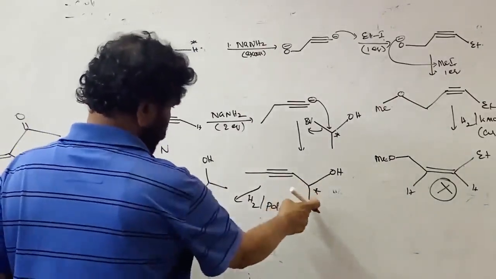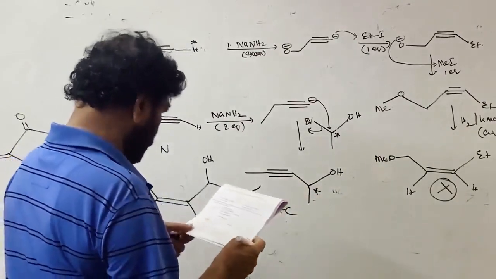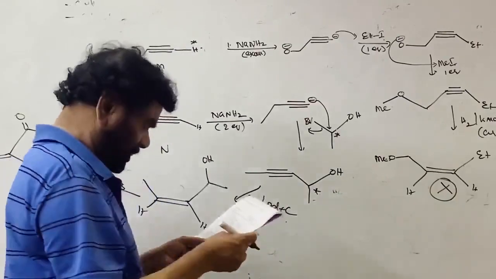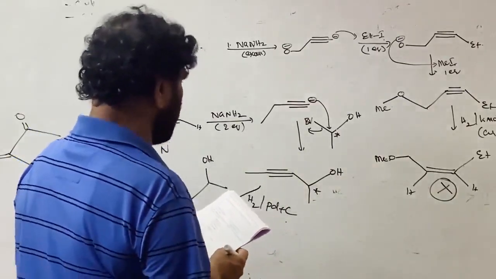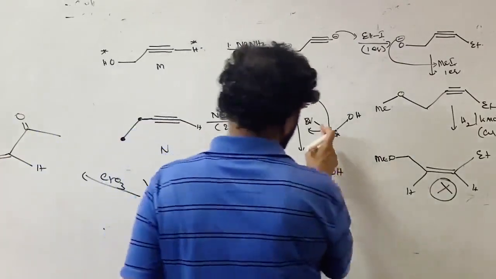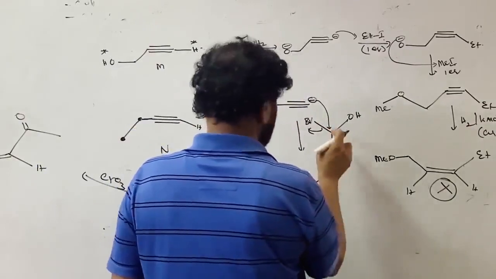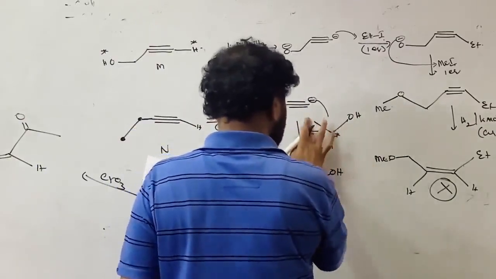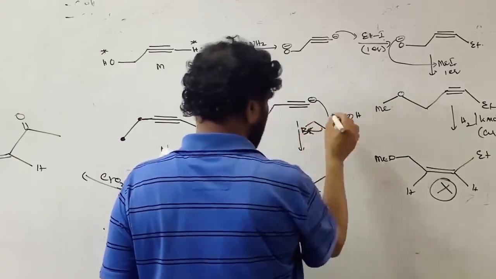Right, 1, 2. One is missing. And 1, 2, 3. The bromo derivative has 3 carbon atoms. 1, 2. I have taken only 2. This is not there. This is the Br.